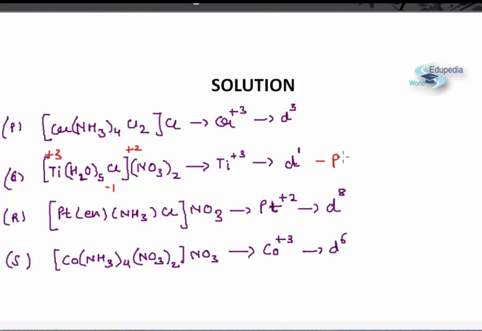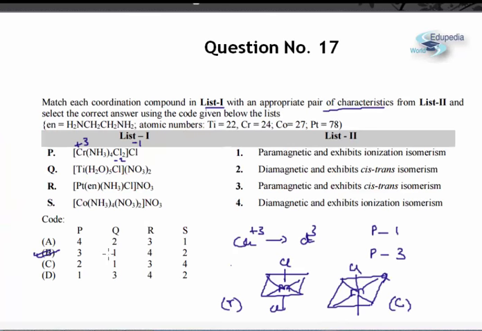So clearly this is also going to be paramagnetic, and if you remember, paramagnetic was in option 1. Obviously it can show ionization isomerism because this NO3- can go inside and Cl- can come outside like this. So if I take you back to the question, Q is going to match with option 1, that is paramagnetic and exhibits ionization isomerism.